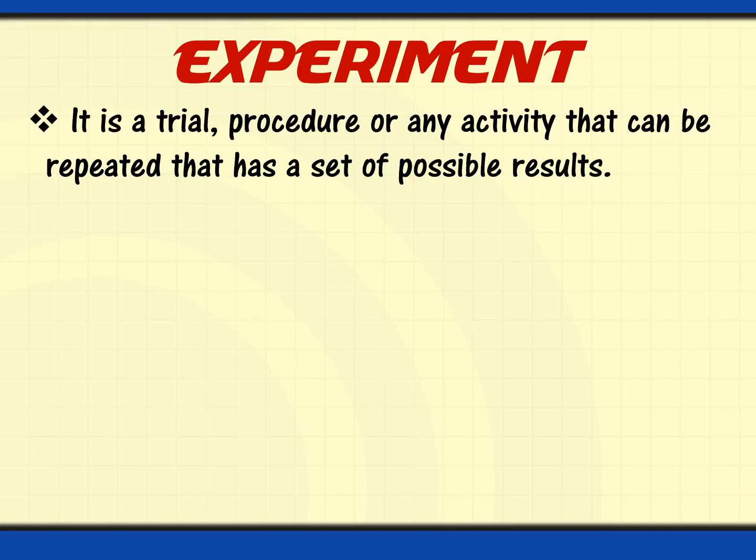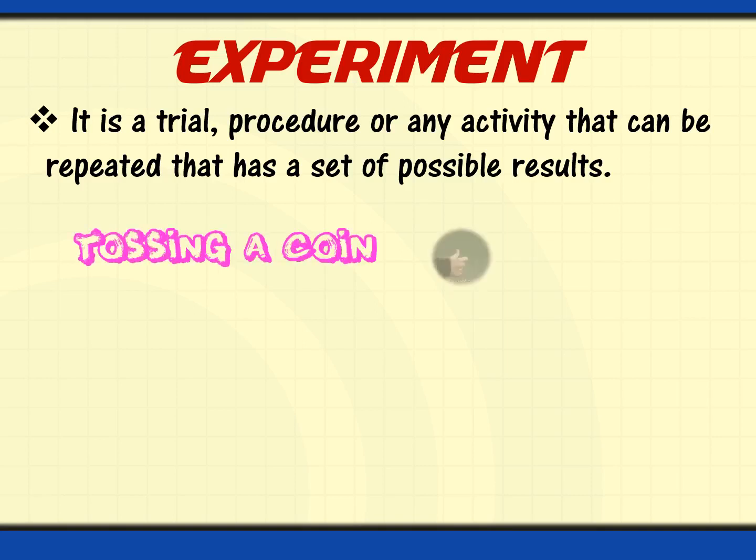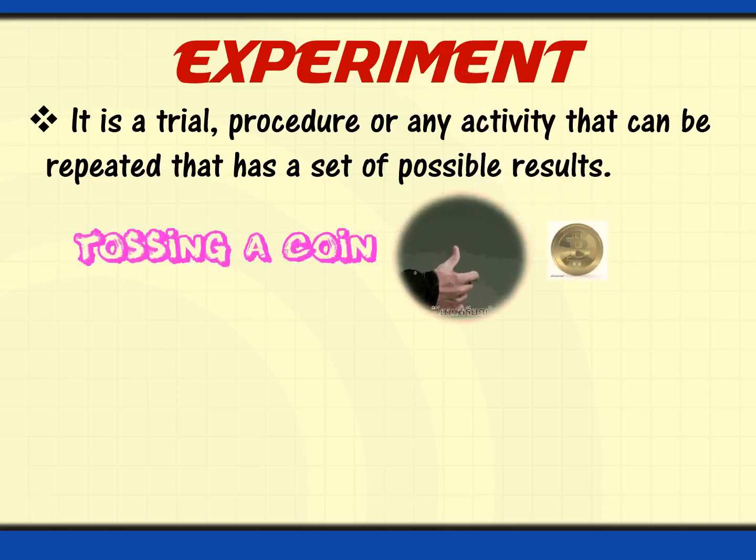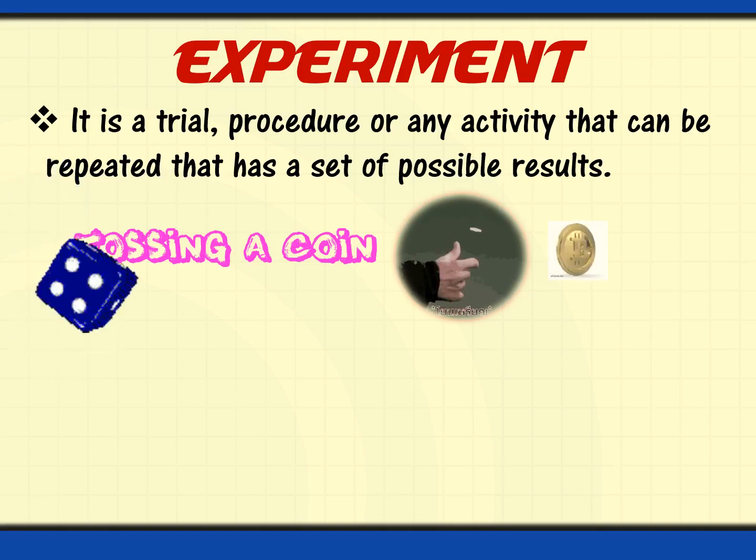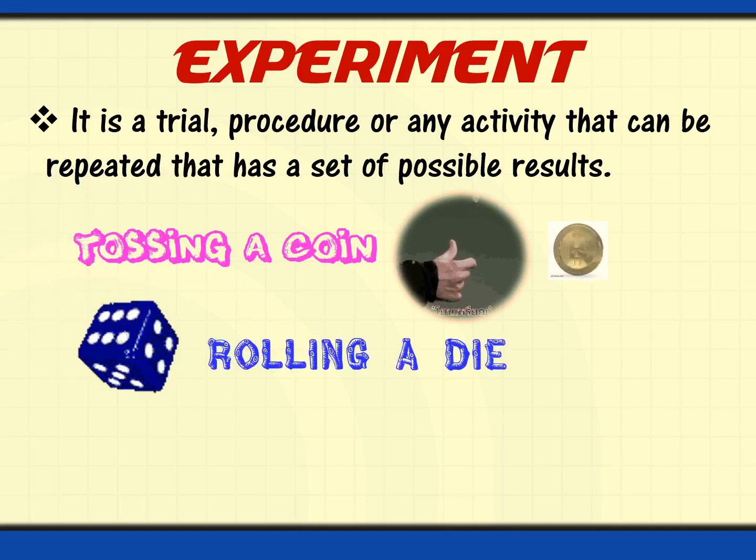So, what are examples of experiment in mathematics? One, we have tossing a coin. So, we can do tossing a coin repeatedly, okay? And the probable results, using a Philippine coin, we can have a head or tao and a tail or ibon. Okay? We also have rolling a single die.